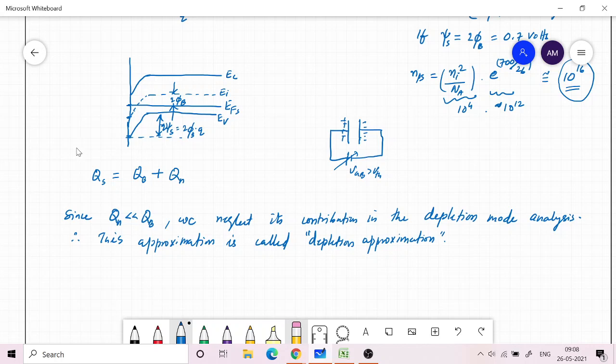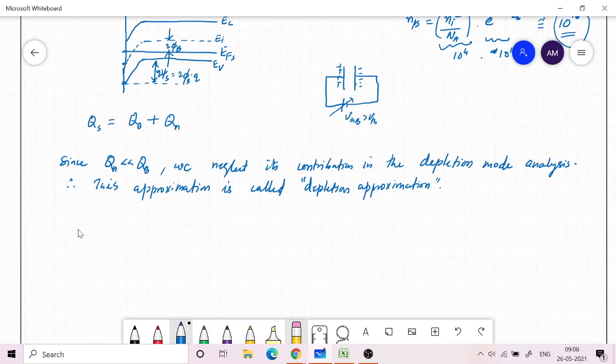So this approximation is only valid for the depletion mode of operation. Let me state the condition also: VGB is greater than VTH, or in other words psi s is greater than 2 phi b. This is expressed in terms of the voltage drop in the semiconductor, while VGB is the applied voltage on the gate with respect to bulk. So you can specify it both ways.